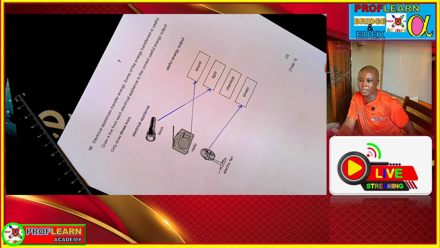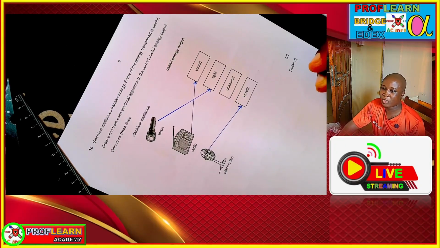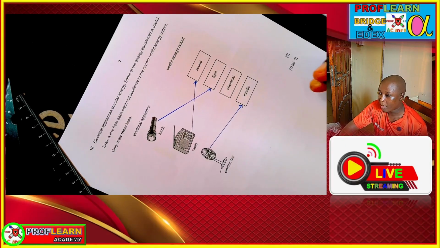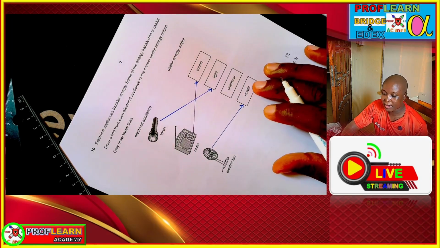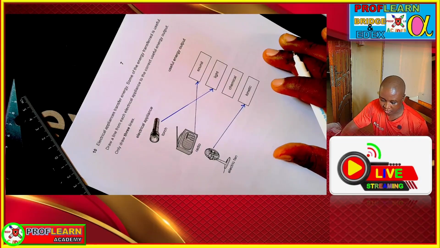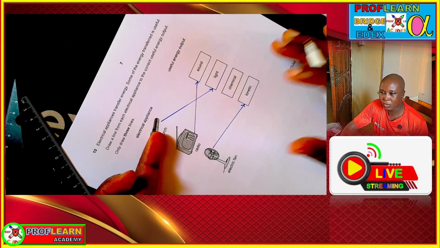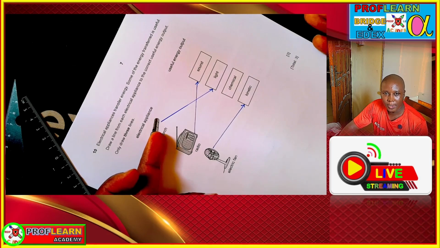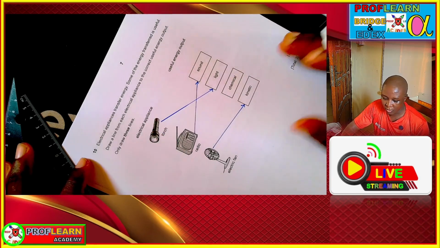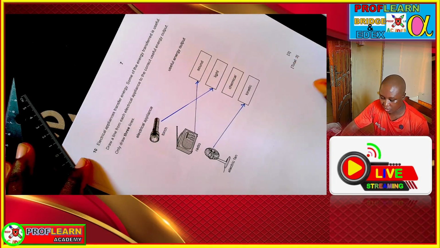Energy cannot be created or destroyed, but can only be turned from one form to another. So energy can be wasted in the process. For instance, when you're using a torch, instead of only light, you'll feel some heat, because some of the electrical energy is converted to heat energy.